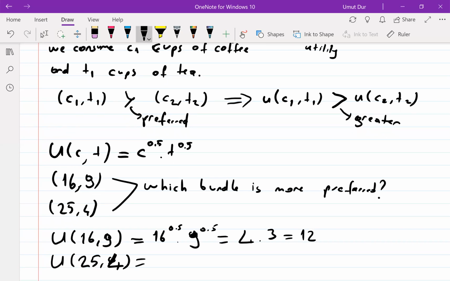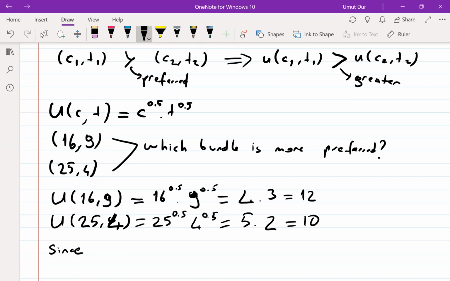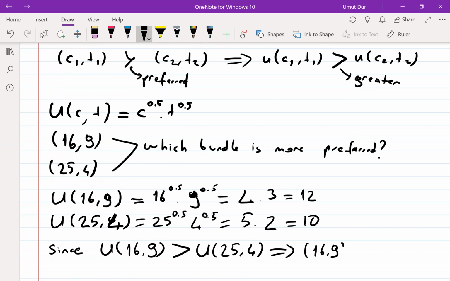The second one is 25 to the 0.5 times 4 to the 0.5, which is 5 times 2, which is 10. Since 12 is greater than 10, the utility from the first bundle is greater than the utility from the second bundle, so the first bundle is preferred to the second.